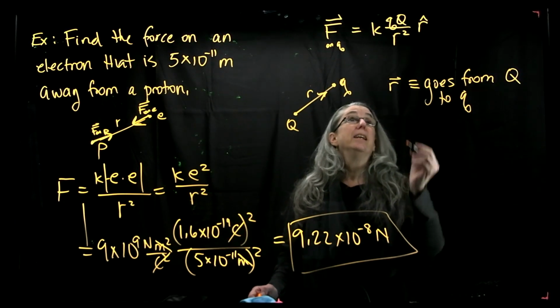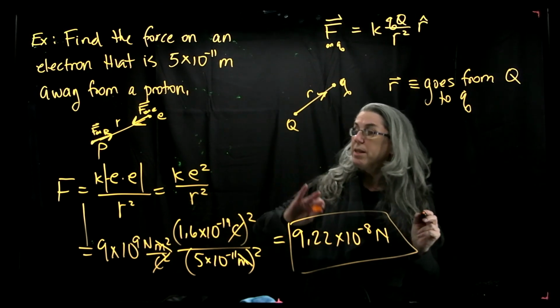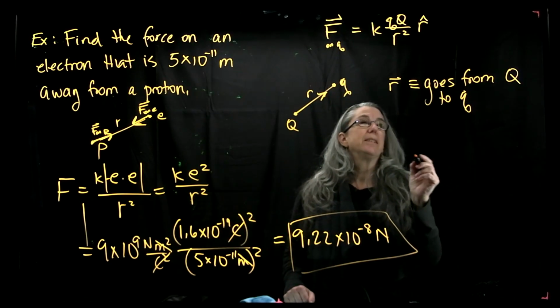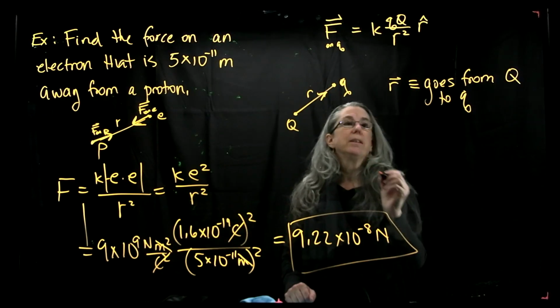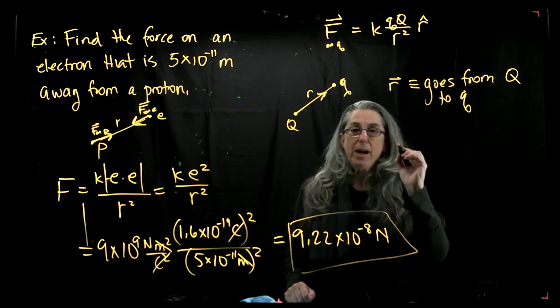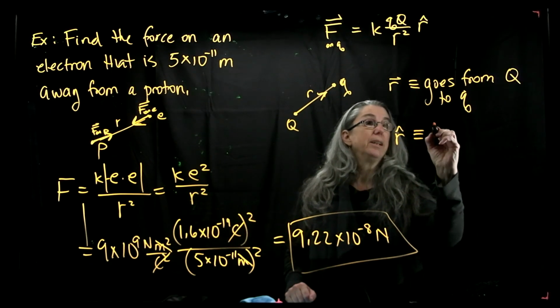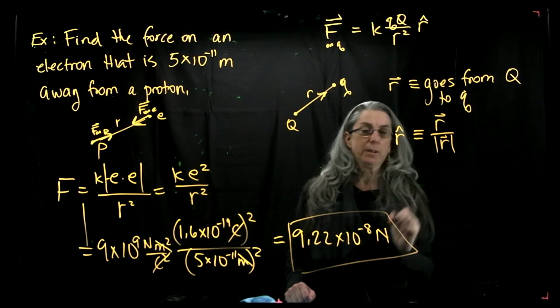And then, without the magnitude signs this time, you plug in that one of those charges is negative, and that will give you a negative sign, so the force on little q becomes negative. R hat, if you haven't seen r hat before, is defined as the r vector over the magnitude of the r vector.